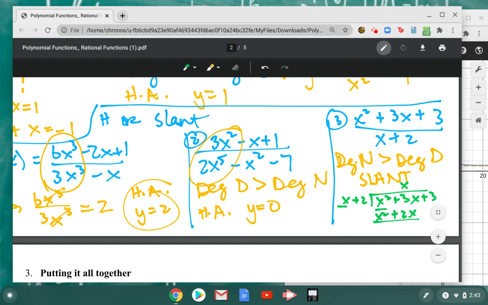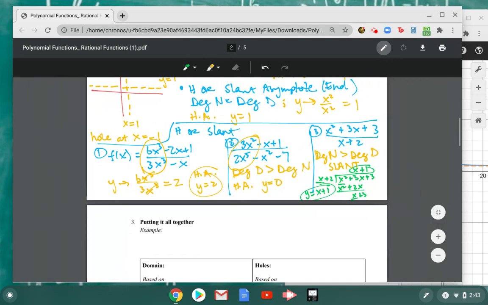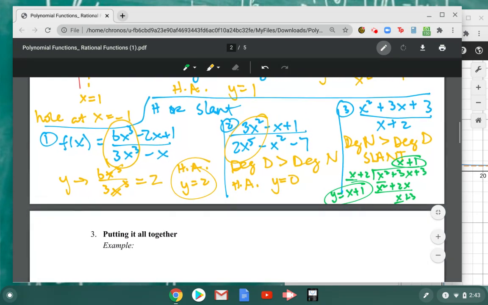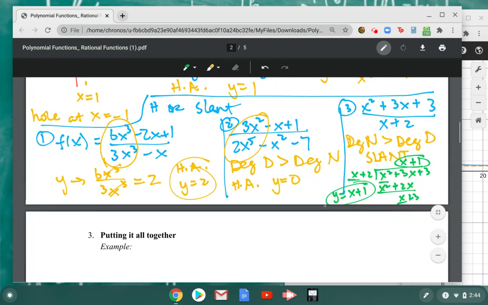Let's subtract. That goes away. I get 1x plus 3. X goes into x 1 time plus 1. That's really all I needed. This is my slant asymptote right here. So my slant asymptote is at y equals, it's that quotient x plus 1. Okay, so there's our overview. Let's go ahead and put it all together with some examples.